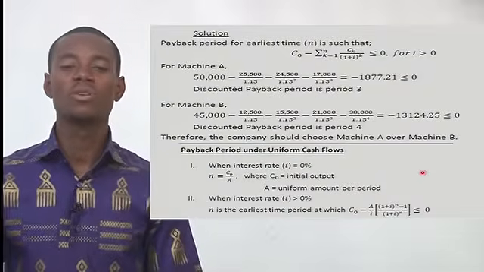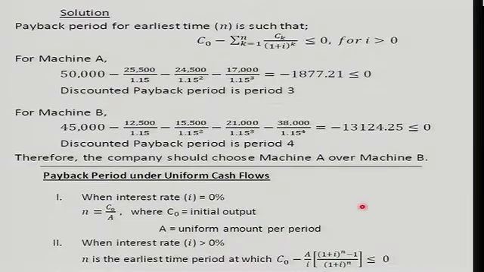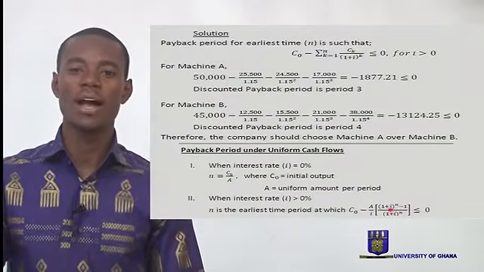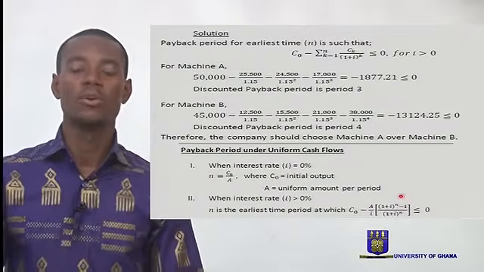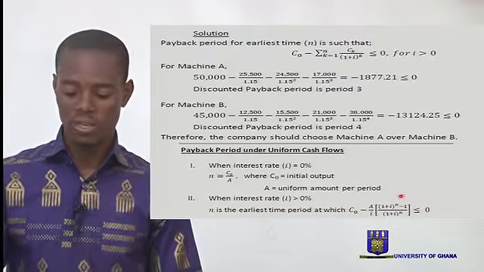Now, the period could be so long that you can't afford doing this over and over again. And so we'll go through a basic approach to see how we can use a trial and error approach to find the payback period for some uniform cash flow.